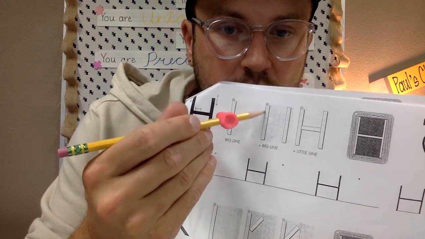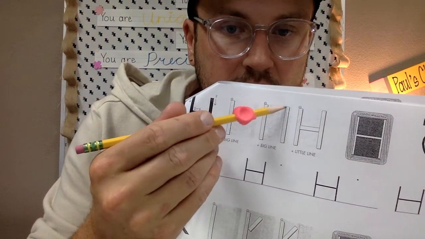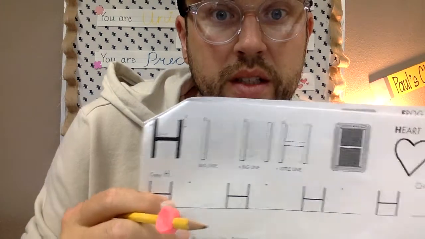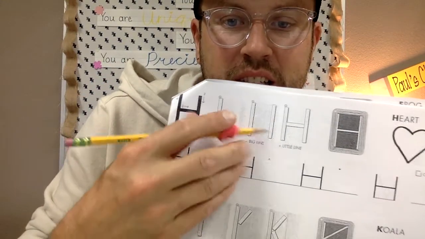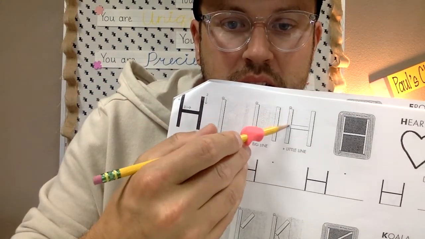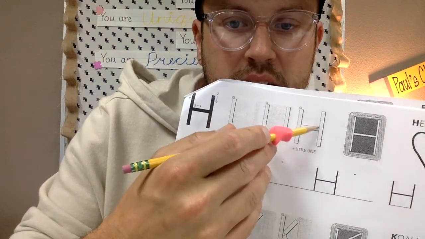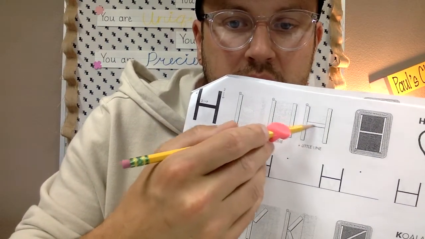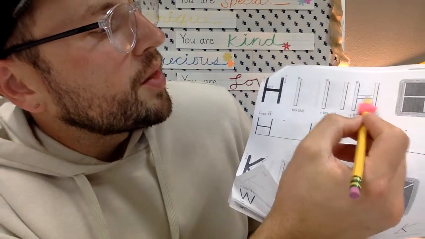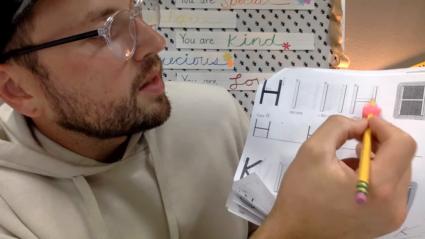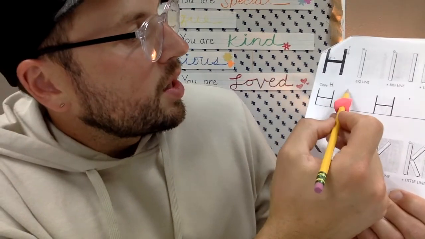And then one line down and a second line down. It's very difficult to do this backwards and reverse. And then finally, you're going to do a straight line down, a straight line down, and a line across the middle. So it's 1, 2, 3. 1, 2, 3.